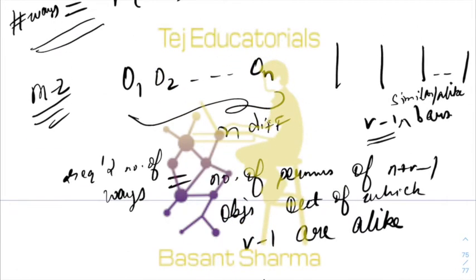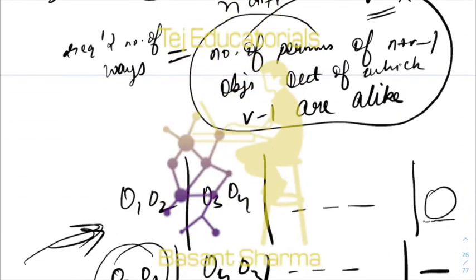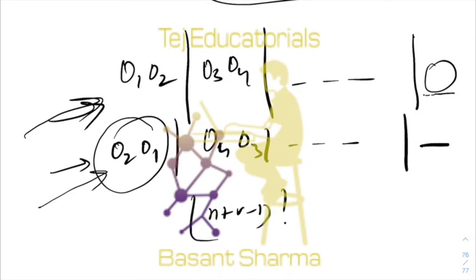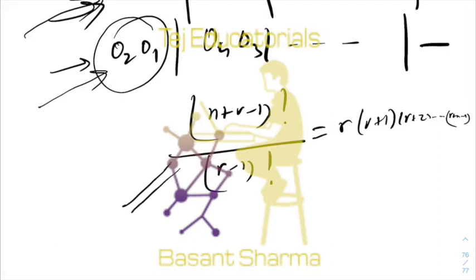Any arrangement of these n plus r minus 1 objects gives a way in which each box will get some number of objects, and the ordering is also taken into account. The number of such permutations is n plus r minus 1 factorial upon r minus 1 factorial. This we have already seen before, and this is nothing but what we did above. So this is another way of understanding this concept.